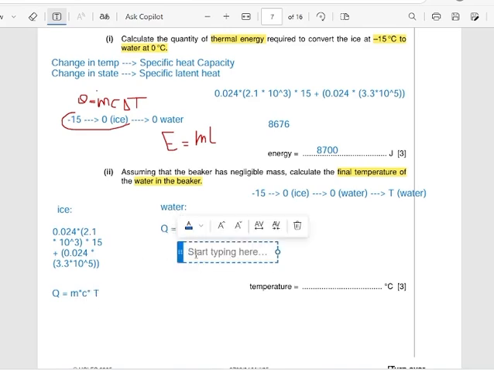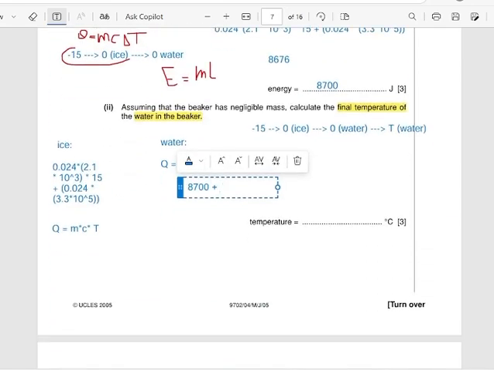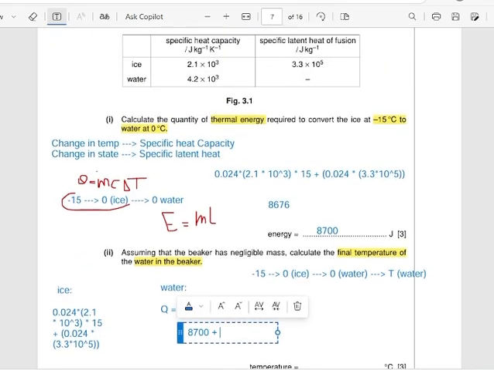So we're going to use the value 8,700, plus M, which is the mass of ice, given in the question above as 24 grams, 0.024, into the specific heat capacity of water, because now that ice has converted into water, that water is going to increase by a certain temperature.